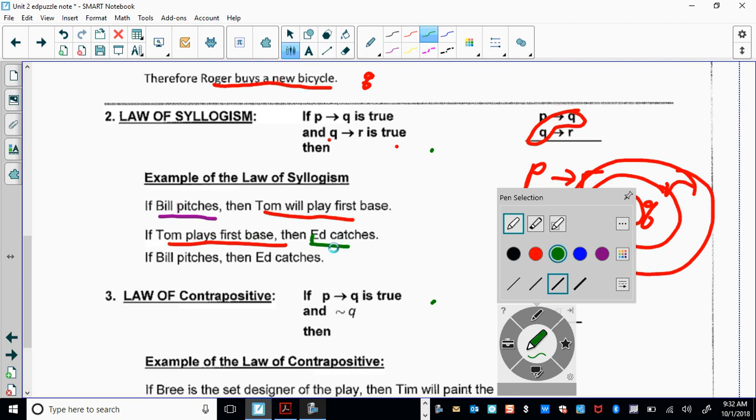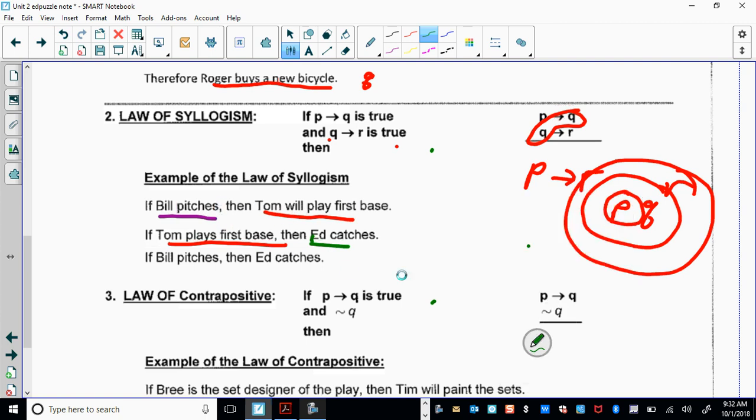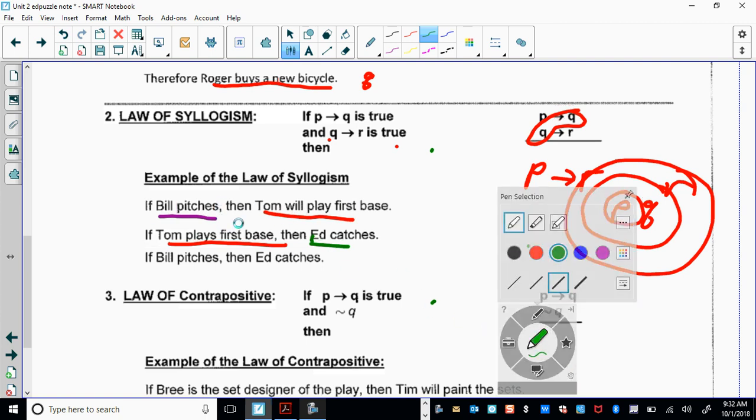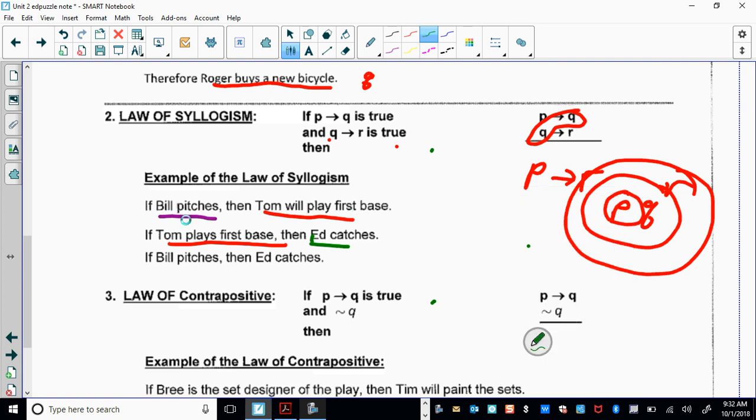That's what we see. So every time you have Tom will play first base repeated, the Q repeated, then your statement would conclude: Bill pitches, then Ed catches, okay? That statement is called law of syllogism.